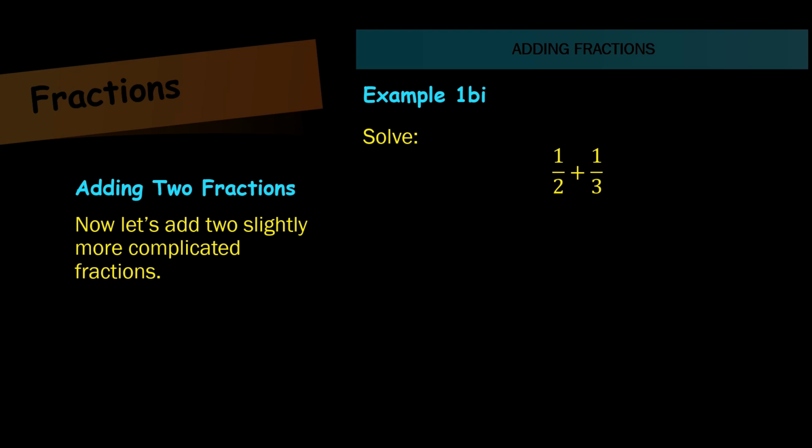Now let's add 2 slightly more complicated fractions. First, convert the fractions so the denominators are the same. The denominators are 2 and 3. The lowest common multiple, or LCM, of 2 and 3 is 6. If you cannot remember how to find the LCM, please revisit the unit on HCF and LCM.